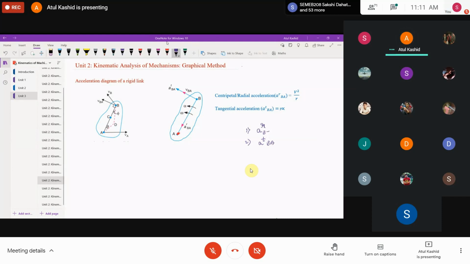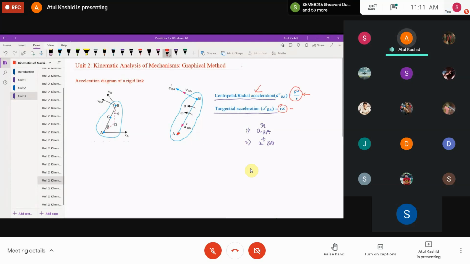So there are two acceleration terms whenever there is a change in the magnitude and the direction of the velocity at a particular instant: the centripetal or radial acceleration, and the tangential acceleration. We have also derived the formulas for these two components. Centripetal or radial acceleration is given by v squared upon r, and tangential acceleration is given by r alpha.